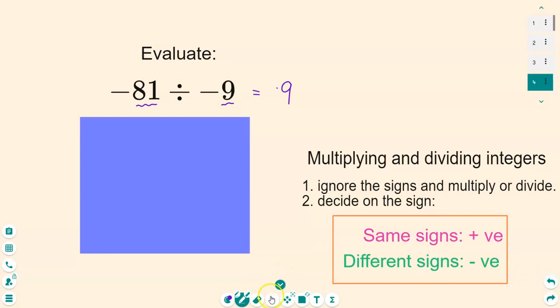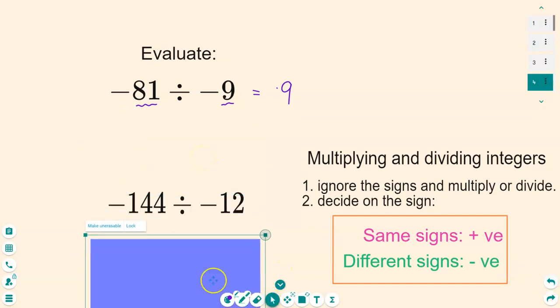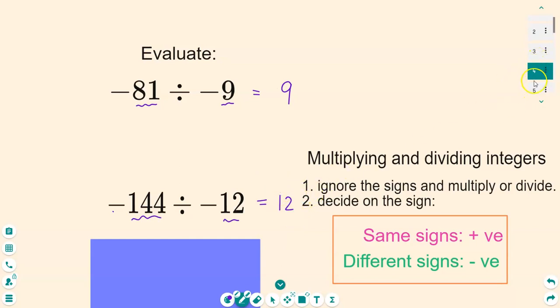Next one. 144 divided by 12. In other words, 12 times what number gives me 144? 12 times 12. Then we look at the signs. We've got 2 negatives here, a negative divided by a negative. Same signs will give me a positive, so you can just leave it like that.